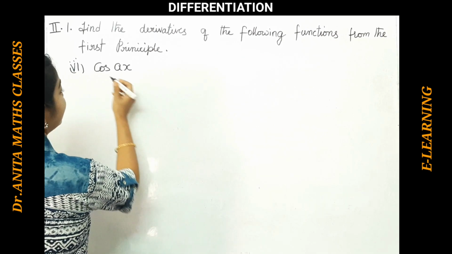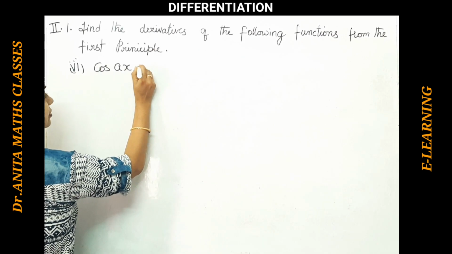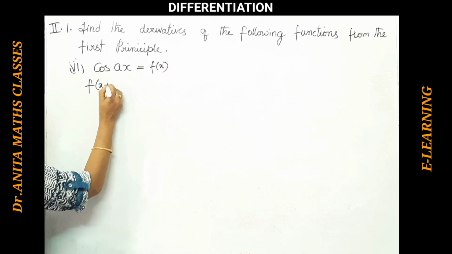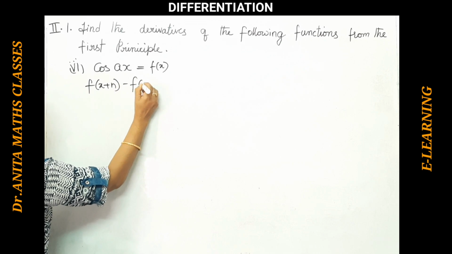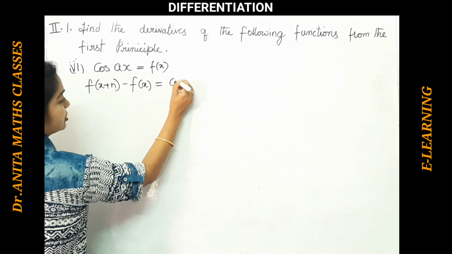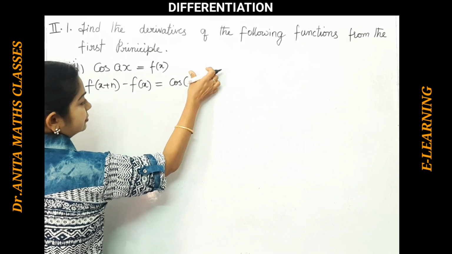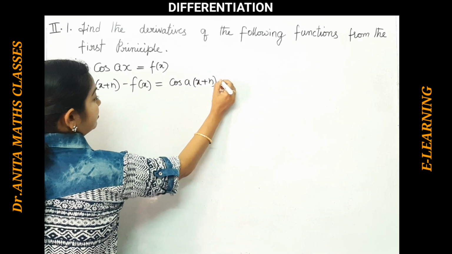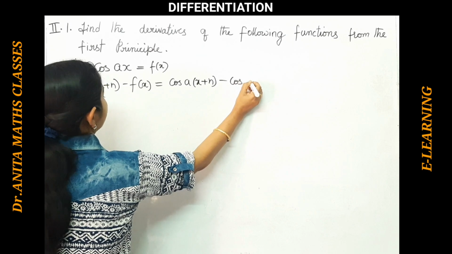So the sixth one, cos of ax. Let us consider this as f of x. So we will find f of x plus h minus f of x. So that is cos of a times x plus h minus cos of ax.